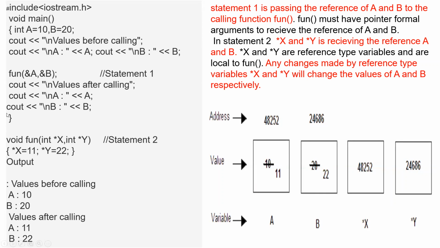And this asterisk symbol you see, when you pass an address, a normal variable like int x cannot store an address. The storage of an address is required by a special variable called a pointer. Okay? I'll explain what a pointer is.